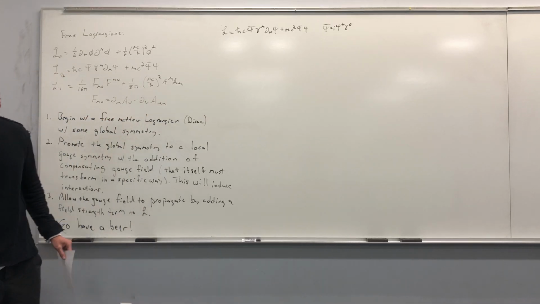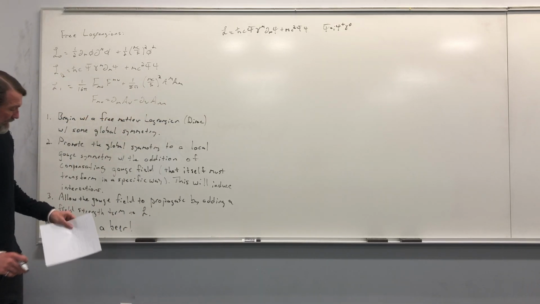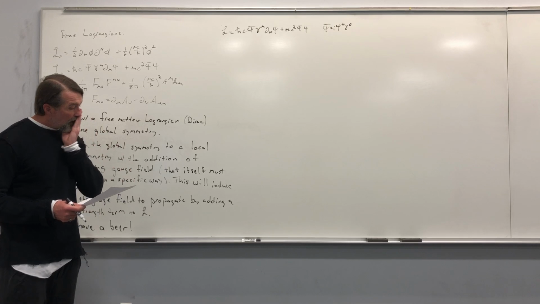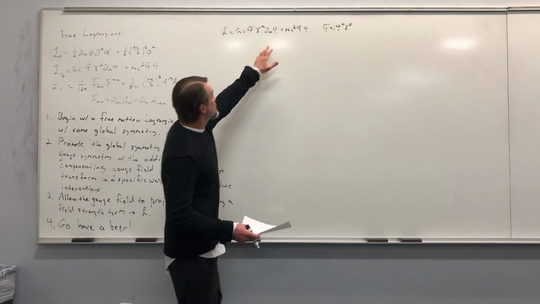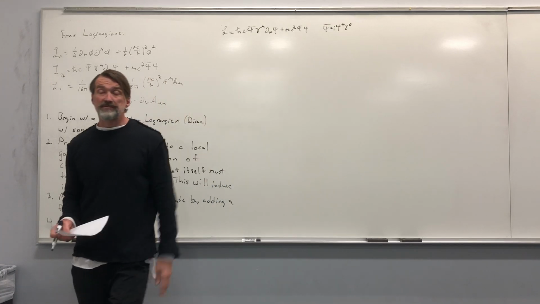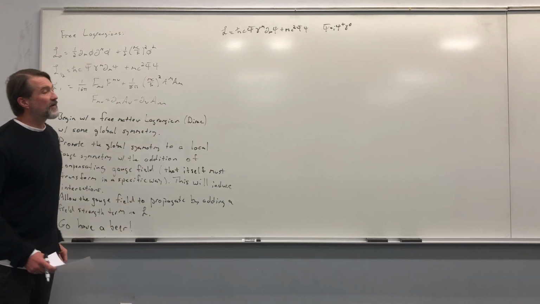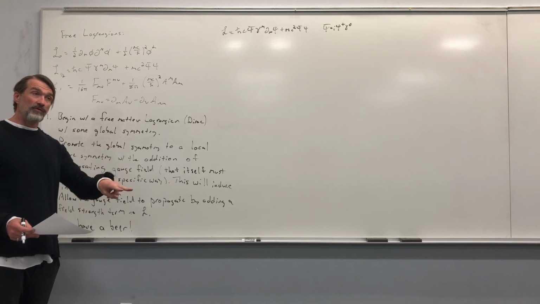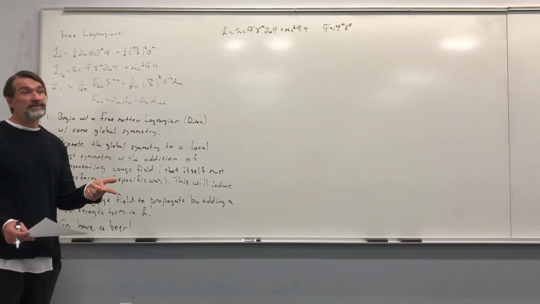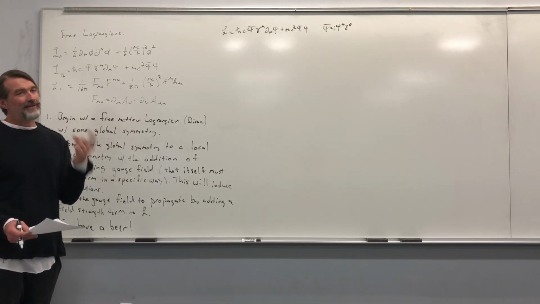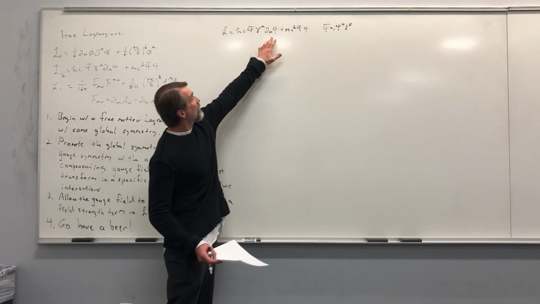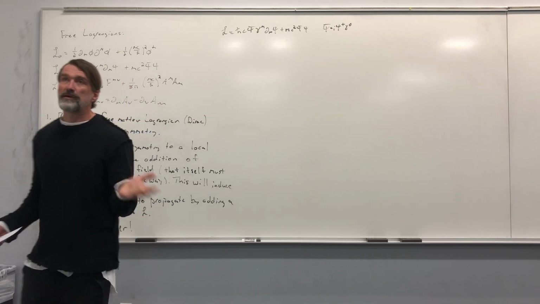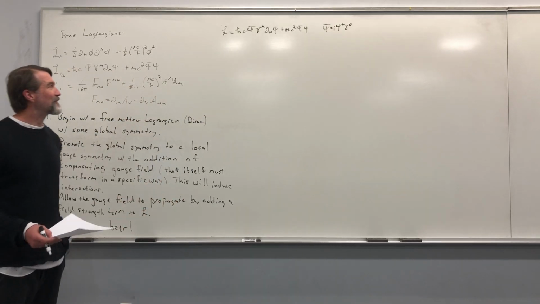Where gamma 0 is the zeroth of the gamma matrices. And then, of course, remember that psi is a 4-component spinor. For those of you who are just visiting, it turns out that spinors in 3 dimensions have 2 components, and vectors have 3 components. But in 4 dimensions, vectors have 4 components, and spinors have 4 components. So these are 4-component spinors. I shouldn't call them spinor vectors, they're just spinors.